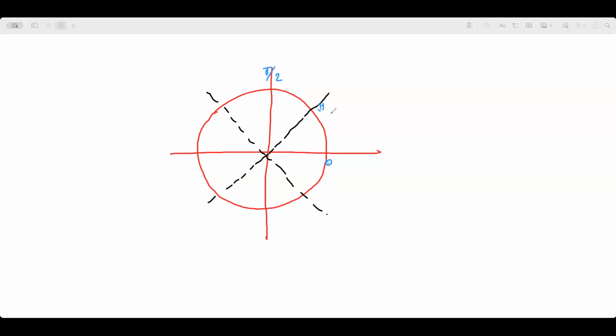Half of pi by 2 is pi by 4. Basically, this is pi by 4, this is 2 pi by 4, this is 3 pi by 4, correct? This is 4 pi by 4, this is 5 pi by 4, this is 6 pi by 4, which is 3 pi by 2, this is 7 pi by 4. Any questions, guys? This will become 8 pi by 4 again, which is 2 pi. Any questions here?